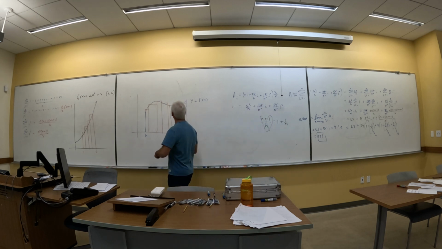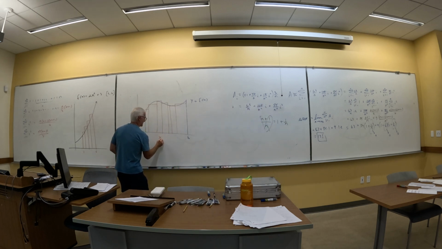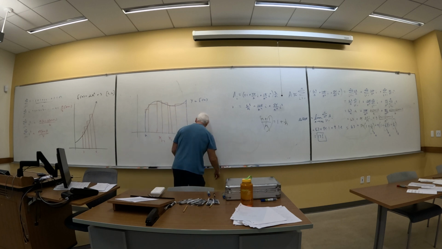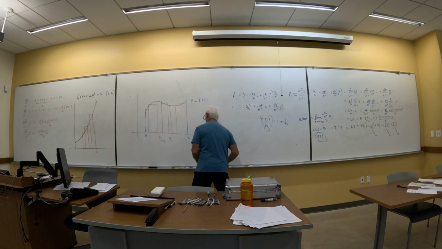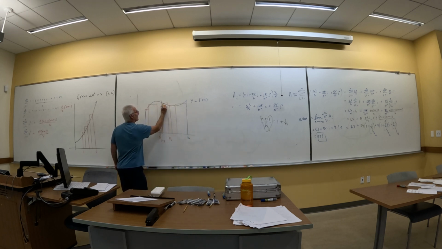So let's do like we did before. Let's say that that's x sub i minus 1, and let's say that's x sub i. Problem is, I'm not calculating the height anymore from x sub i, and I'm not doing it from x sub i minus 1. I'm just doing it from some random place in the middle of the interval. So let's call that random place, for lack of a better name, w sub i.